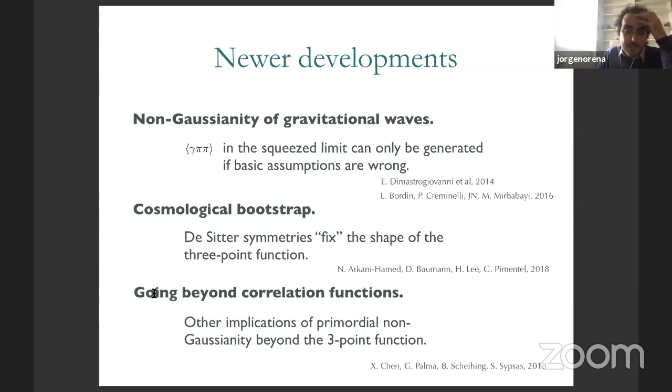And also, people are starting to look at going beyond correlation functions. So looking at the higher order correlation functions, not directly by themselves, but looking at things like all possible cumulants in the probability distribution function, etc. And I put only one reference just to publicize work that people did in Chile by Gonzalo Palma, Bruno Scheihing, Xingang Chen, and Spyros Sypsas.